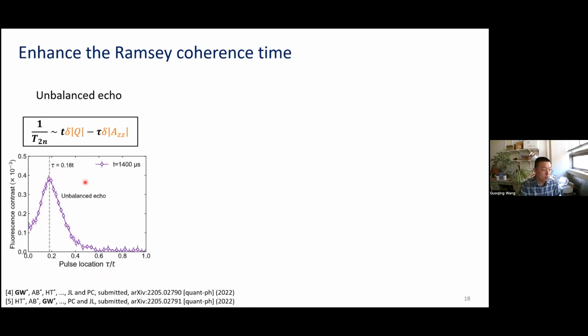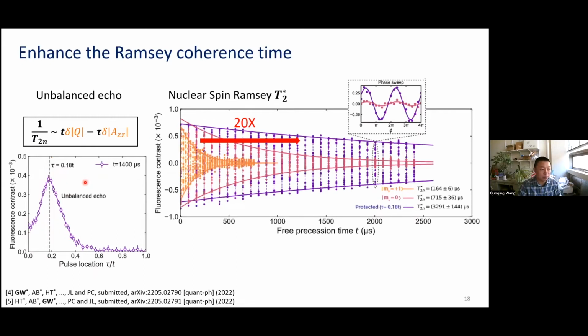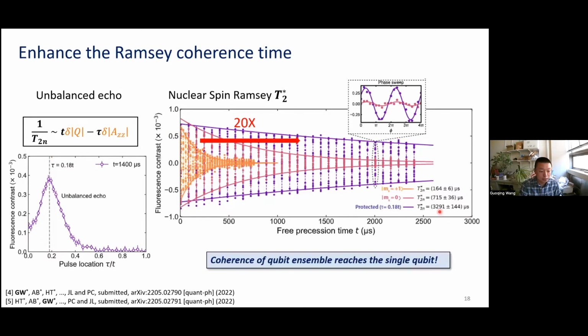Then, fixing the optimal pulse location and looking at the time evolution, we achieve a factor of 20 enhancement of the coherence time in comparison to the unprotected case. Such a coherence time, reaching 3.3 milliseconds, is already reaching the single qubit limit. Through this method, we solve this conflict between a larger number of qubits and shorter coherence time.